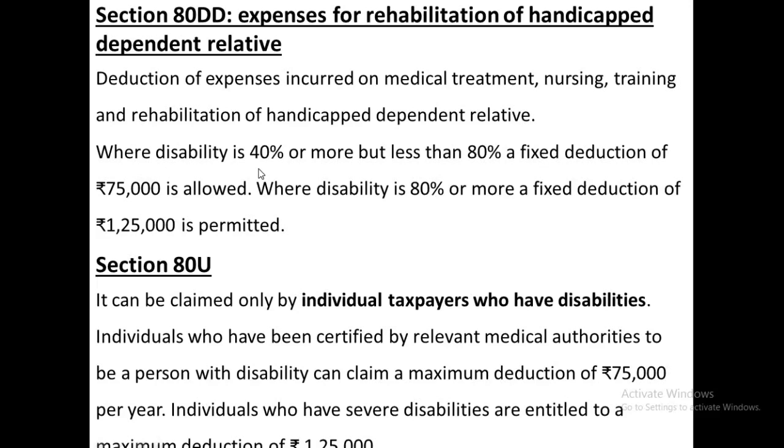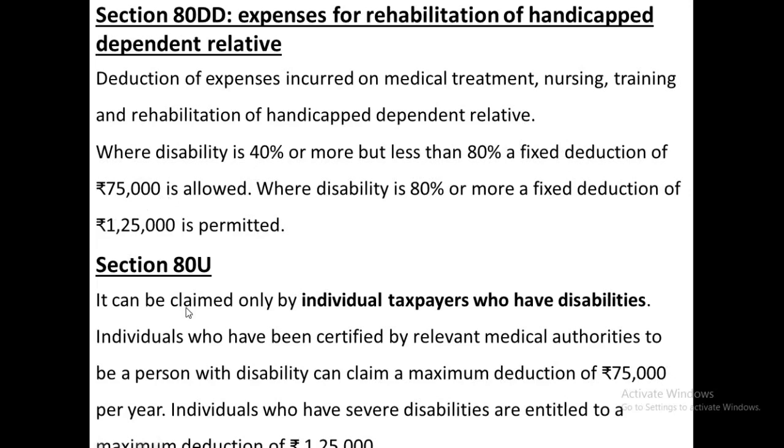If the assessee's dependent relative is suffering from any disabilities, he can claim a fixed deduction. A fixed deduction of rupees 75,000 is to be allowed instead of the expenditure incurred.